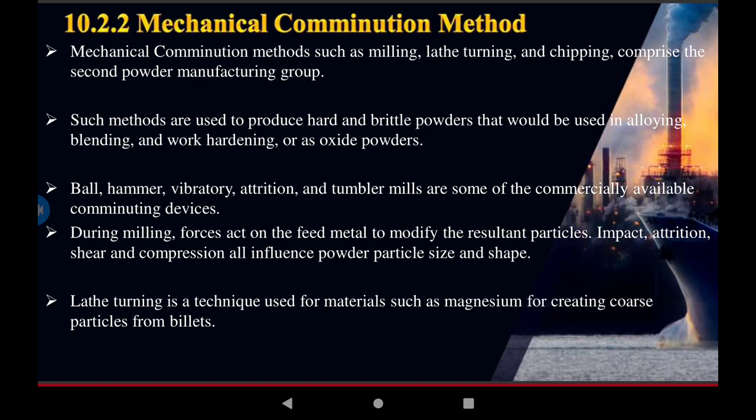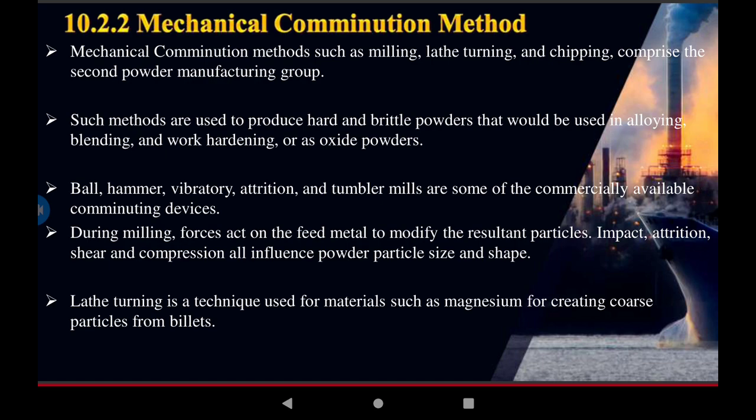Ball hammers are another operation required in making the powder. Ball mills, vibratory mills, attritors, tubular mills, and some other commercially available devices are required for making powder metallurgy. During milling, forces act on the feed of metals to modify the resulting particles.